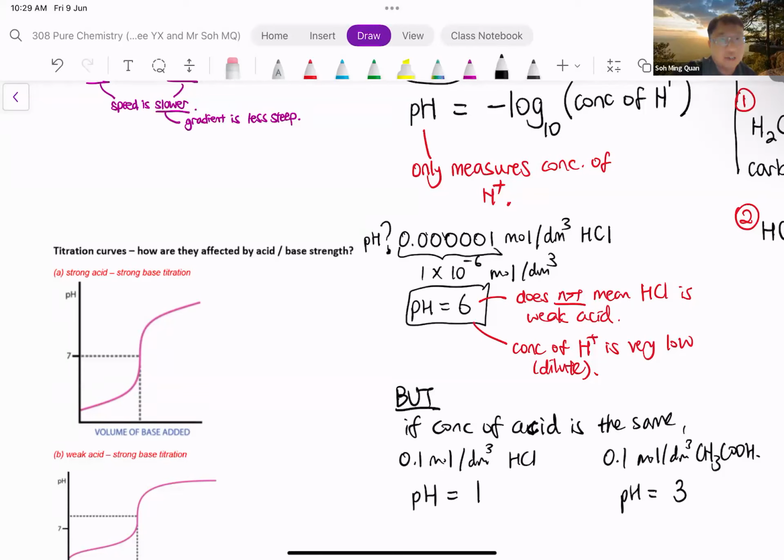Vinegar has a pH of about 3 to 4, whereas hydrochloric acid has pH 1. This is what you memorized in Sec 2, but now you see why. If I compare the same concentration of HCl and vinegar, HCl has a lower pH because HCl is a strong acid. Vinegar is a weak acid. Okay.